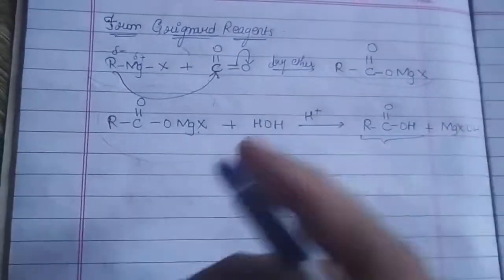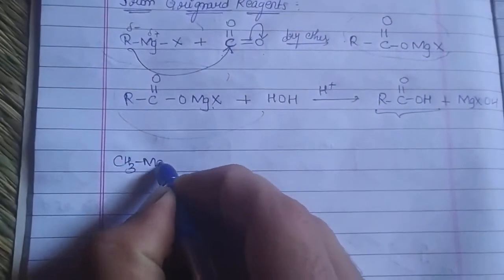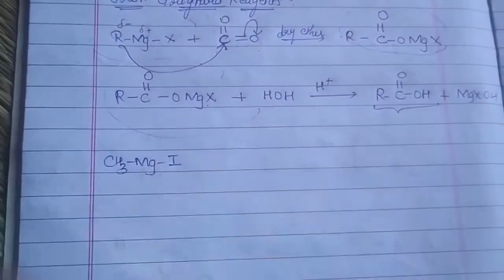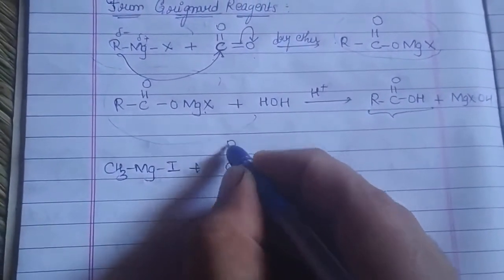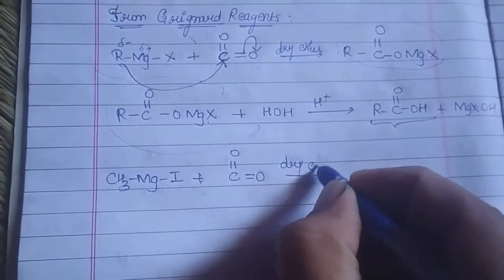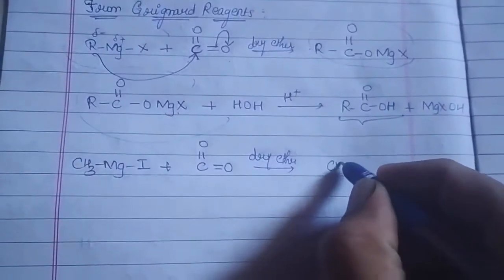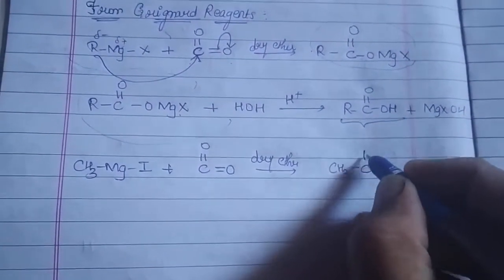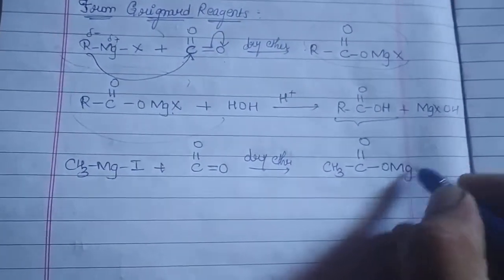For example, if I take CH3MgI, methyl magnesium iodide, and treat it with solid CO2, that is dry ice, in the presence of dry ether, first you will get an addition product. What is the addition product? CH3C double bond O MgI.